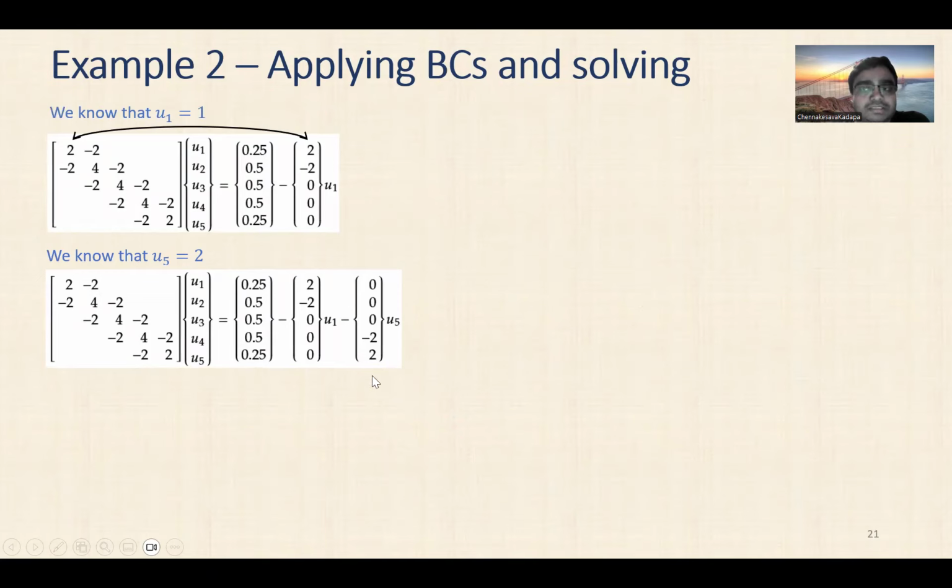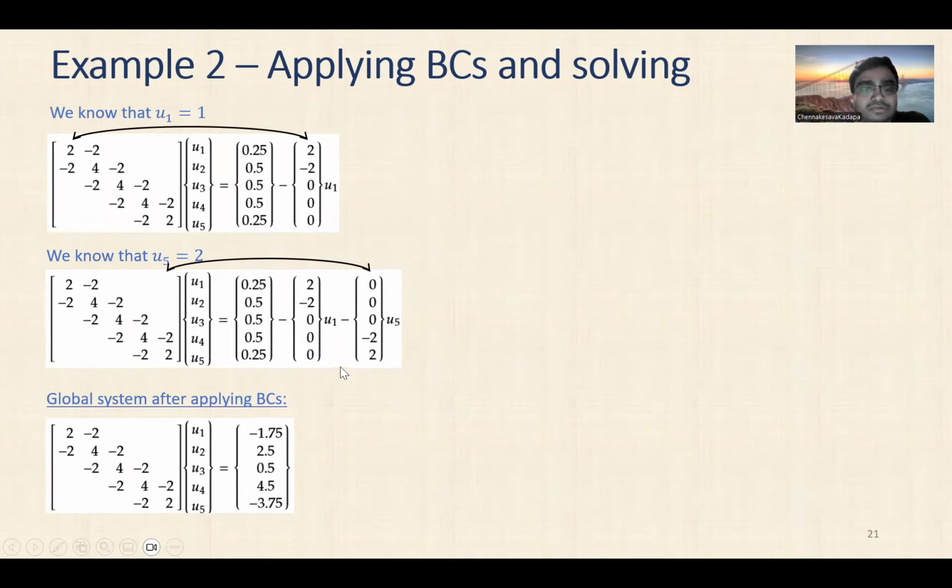Once we take u1 equal to 1, u5 equal to 2, multiply the columns, subtract and simplify, this is our final effective global force vector after applying boundary conditions. As you can see, the values in the global force vector have changed for the problem with non-zero Dirichlet boundary conditions. This is how we incorporate the effect of non-zero Dirichlet boundary conditions.